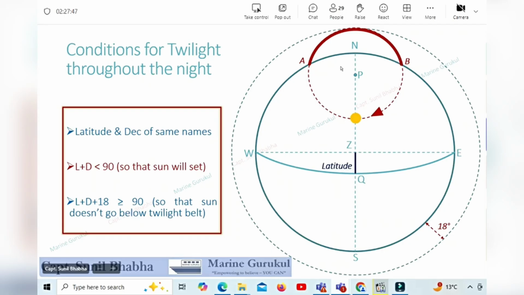If it is circumpolar, there will be no night and there will be no twilight. As simple as that. Yes, sir. So you can have a logical explanation in that way. No need to show it in the diagram. You can show it here, but that will unnecessarily make it complicated.